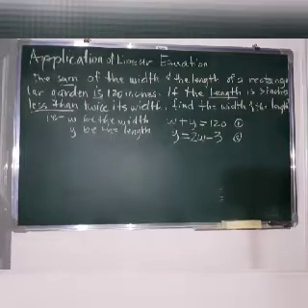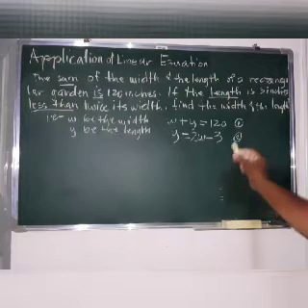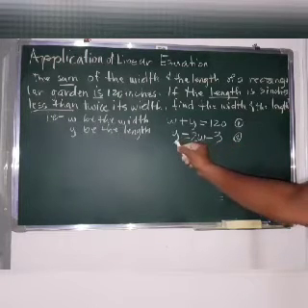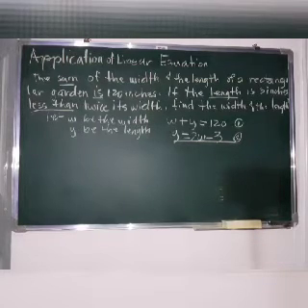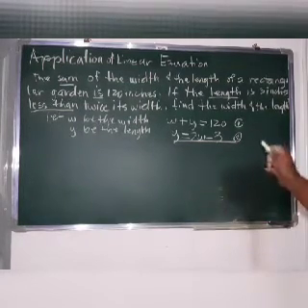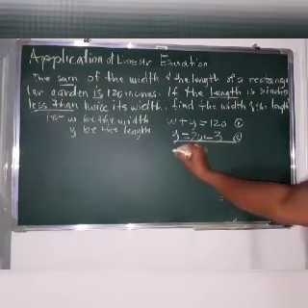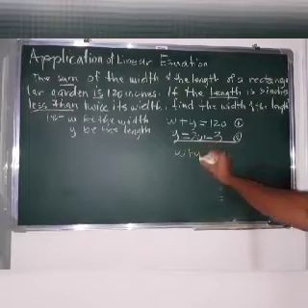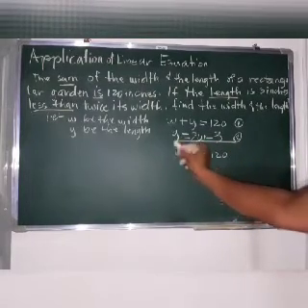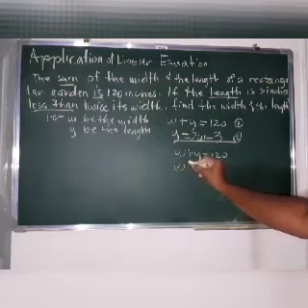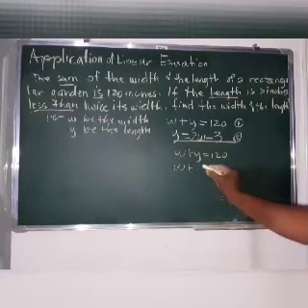Since we have already formed the 2 equations, we will substitute now. Since equation number 2 has y isolated, we can use it to substitute into equation number 1. So, copy equation number 1: W plus Y is equal to 120. Substitute y with its equal value, 2W minus 3.